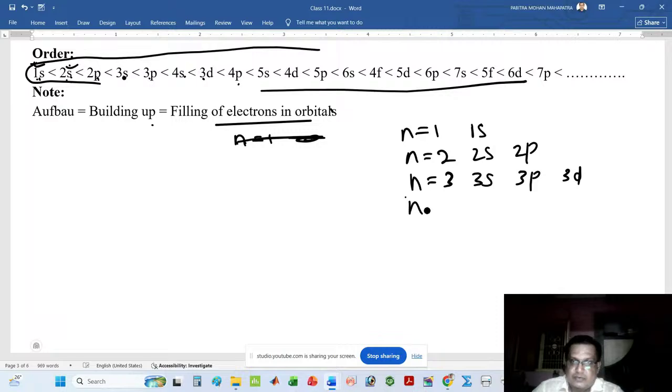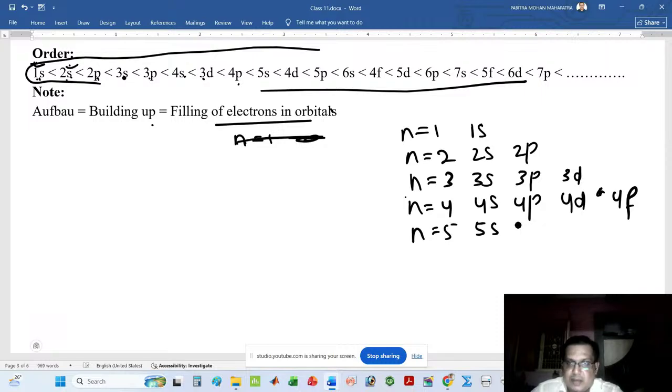Suppose n is equal to 4, you can write 4s, 4p, 4d, 4f. Next, n is equal to 5, write 5s, 5p, 5d, 5f. n is equal to 6, write 6s, 6p, 6d, 6f.